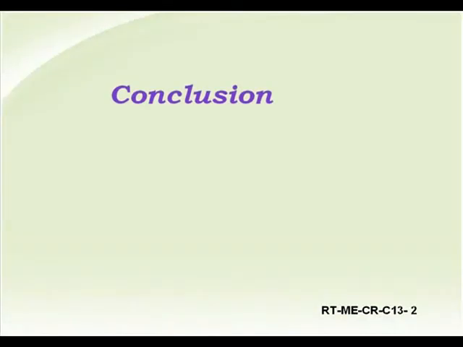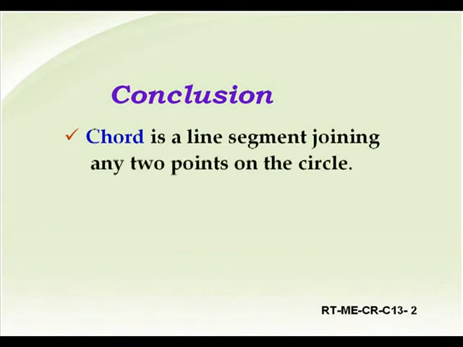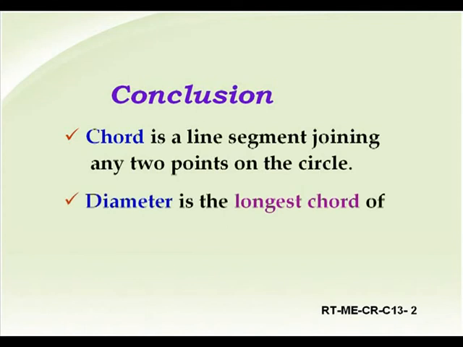Conclusion: chord is the line segment joining any two points on the circle. Diameter is the longest chord of a circle. Dear children, note down this important conclusion in your book.